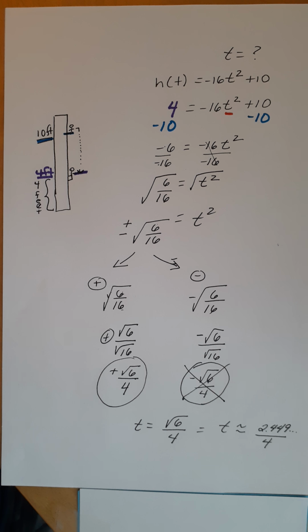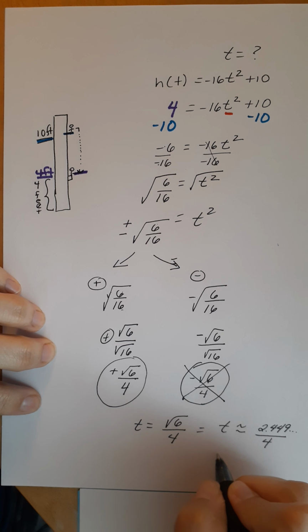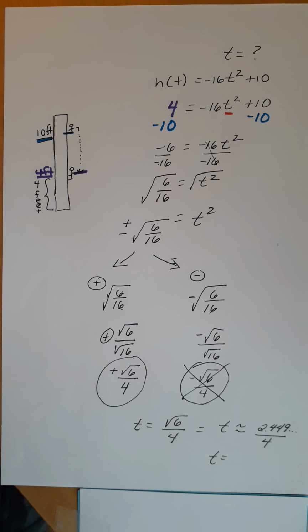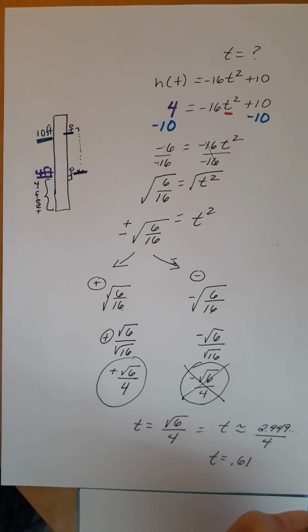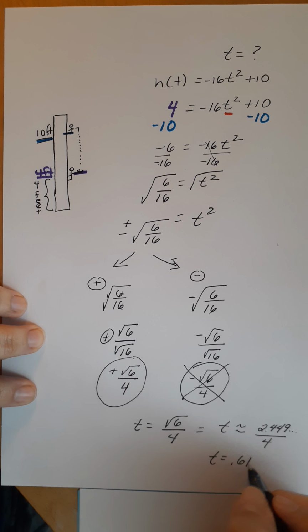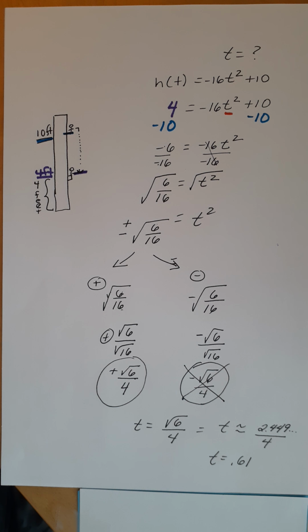So we take the square root of 6, divide it by 4, which I'm doing on a separate calculator, and I get a very magical number, which is 0.61. So about how much time passed? About half a second. A little bit more than half a second. And that's how you figure it out.